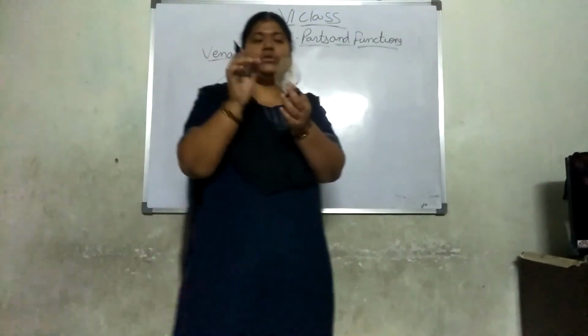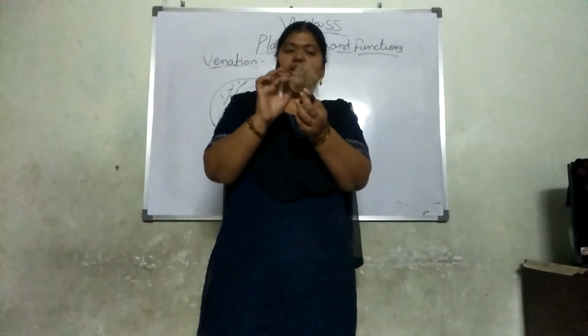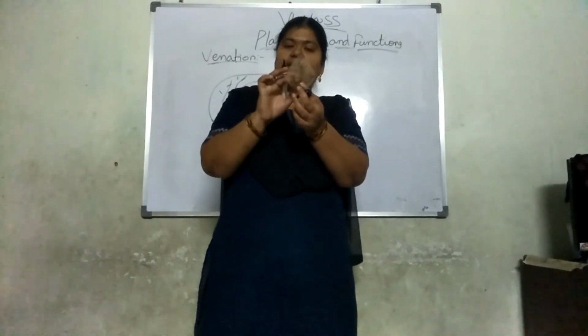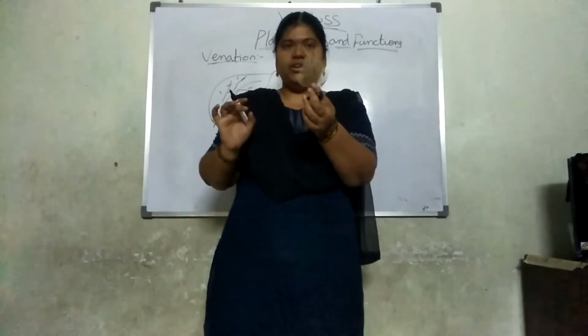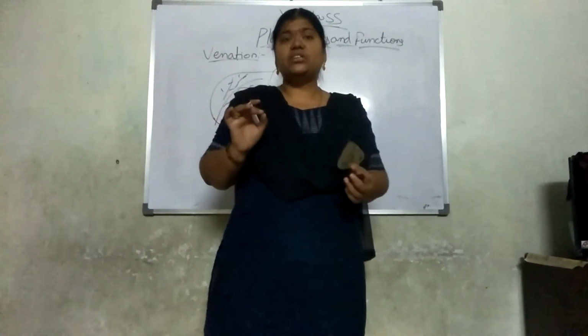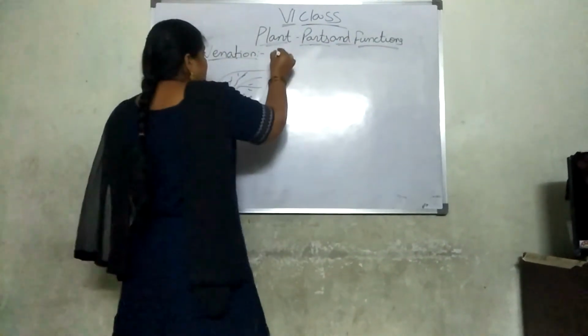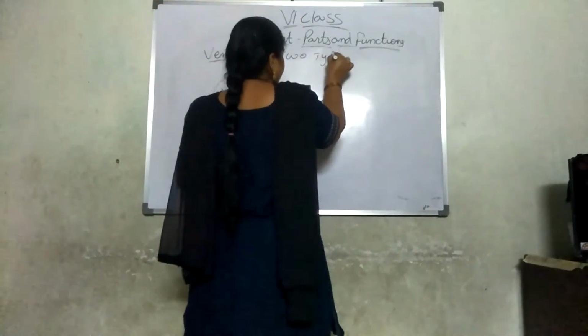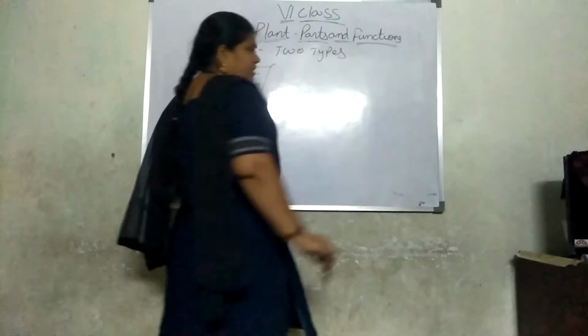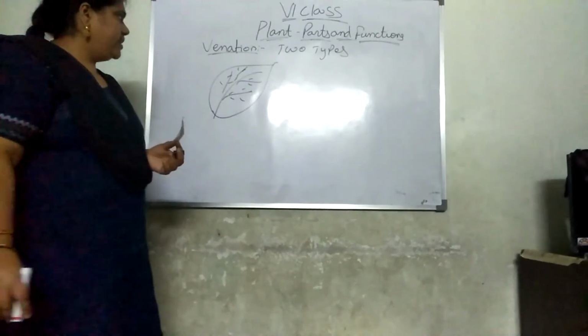I am showing you the skeleton part of the leaf. You can see here the veins and veinlets present in this leaf. Did you understand? How many venations are there? We have two types of venations.